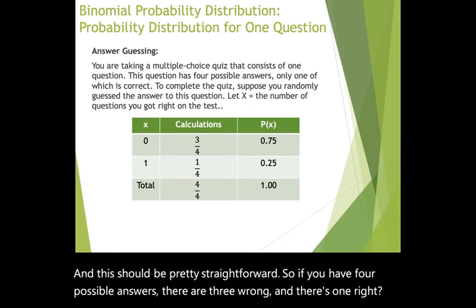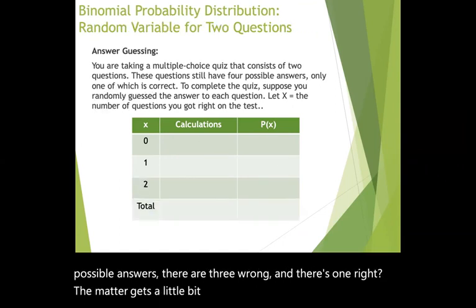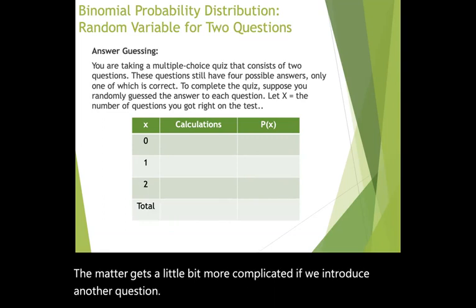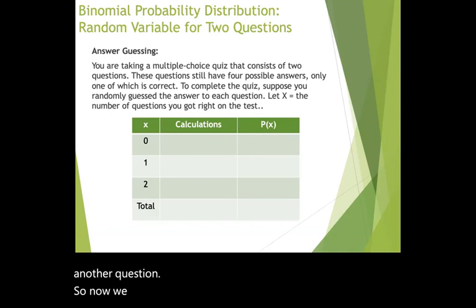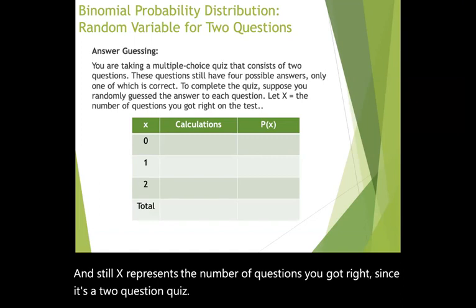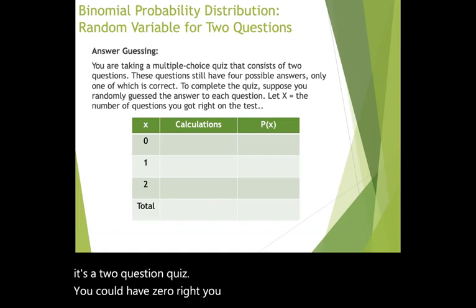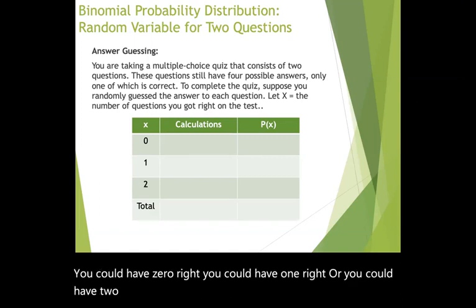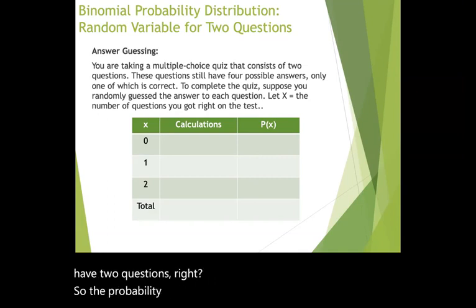Now the matter gets a little bit more complicated if we introduce another question. So now we have 2 questions instead of 1. And still X represents the number of questions you got right. Since it's a 2-question quiz, you could have 0 right, 1 right, or 2 questions right. Now the probability comes from the probability rules that we've discussed before.